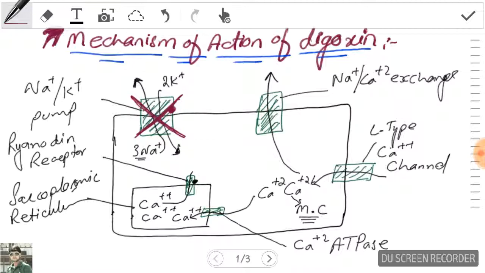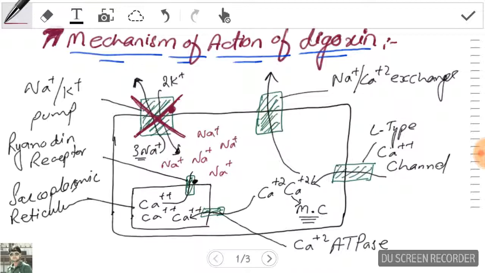As it inhibits sodium going out and potassium coming in, more and more sodium starts to accumulate inside the cell.